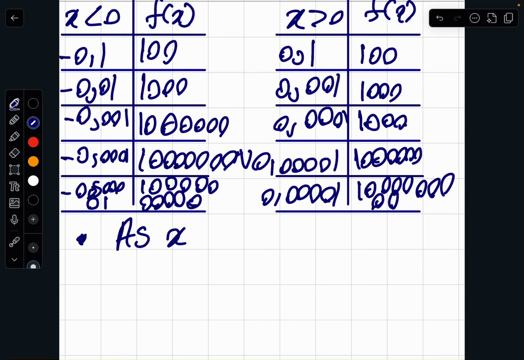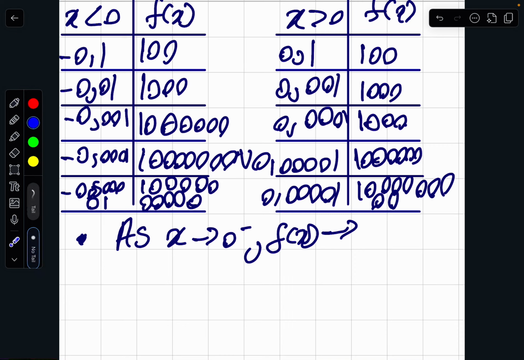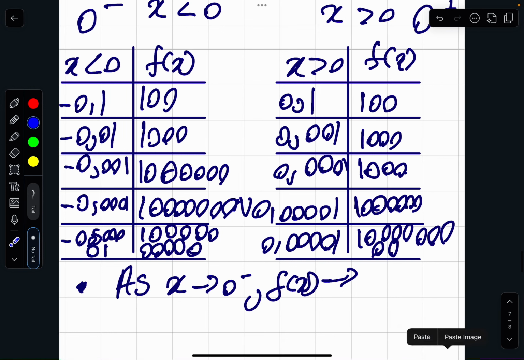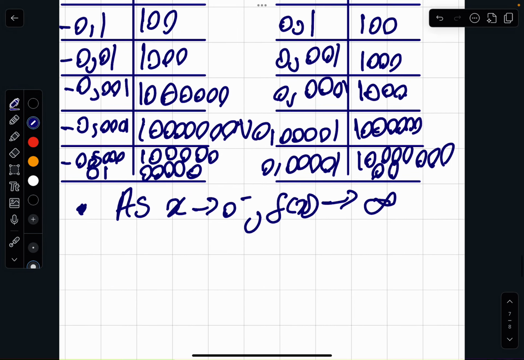You say as x approaches 0 from the left, f of x approaches what? I expect you to see that this value is growing, it's getting large, meaning these values are approaching positive infinity.